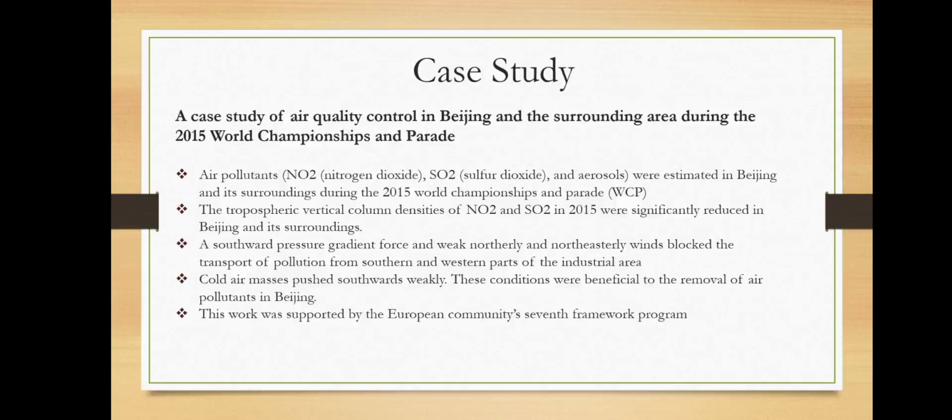The tropospheric vertical column densities of nitrogen dioxide and sulfur dioxide in 2015 were significantly reduced in Beijing and its surroundings. A southward pressure gradient force and weak northerly and northeasterly winds blocked the transport of pollution from southern and western parts of the industrial area.